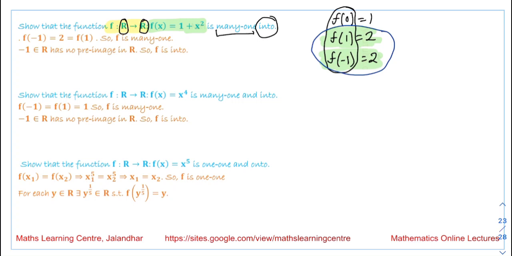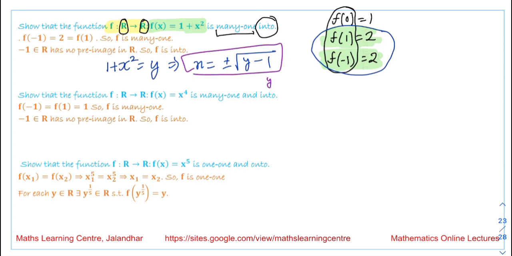Now the next thing: if we are talking about 1 plus x square, and suppose we equate it to y, then the value of x is equal to plus minus square root of y minus 1. So when we try to find the domain of this, we obtain that y should be greater than or equal to 1.